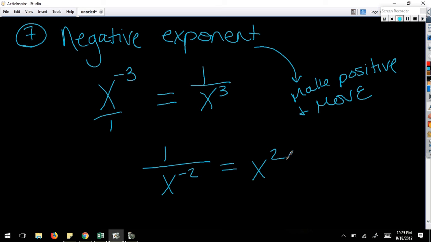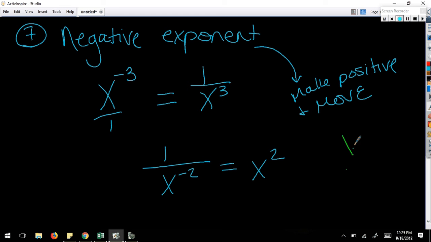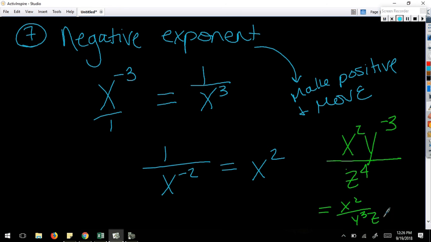And we're only moving the negative piece, so you could have multiple pieces. Like if I had x squared y to the -3 over z to the 4th, the only thing moving there is the y, because it's the only negative. So it becomes x squared over y cubed z to the 4th.